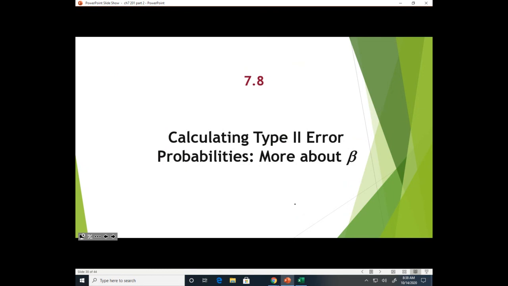Okay, I just want to briefly talk about type 2 error. I think I pulled any calculation of beta or type 2 error off of the homework because it's very time consuming. Like I said, unless you're doing human subjects research, you're probably not going to do too much with power.